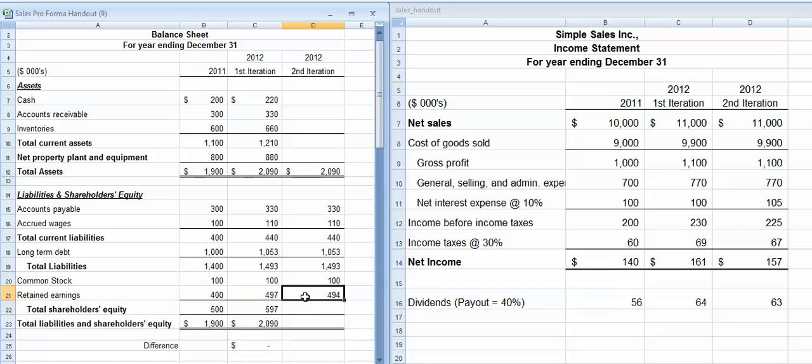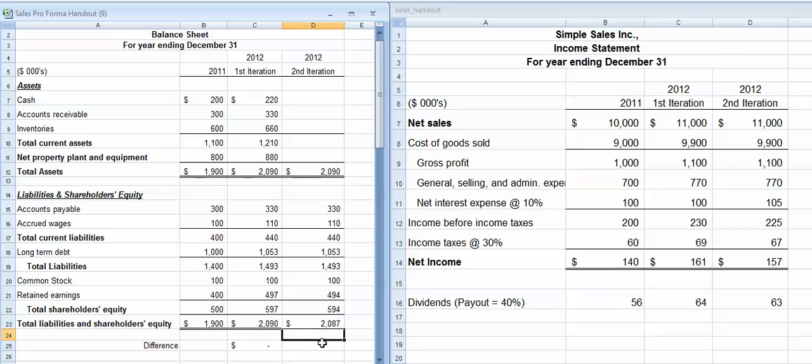So our retained earnings now is $494, which means stockholders' equity will be $494 plus 100, $594, and we can see our total shareholders' equity and liabilities will equal $594 plus total liabilities of $1,493.